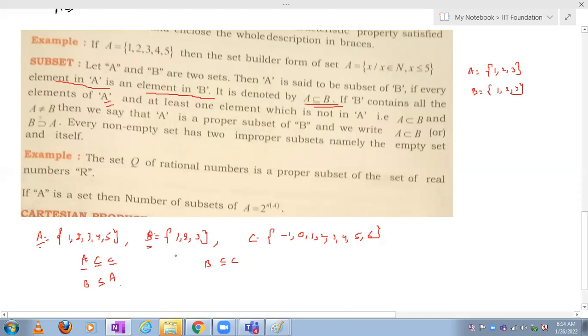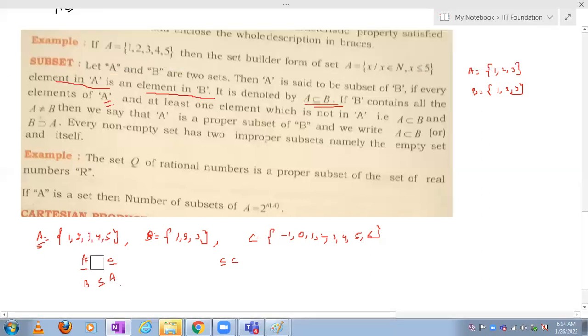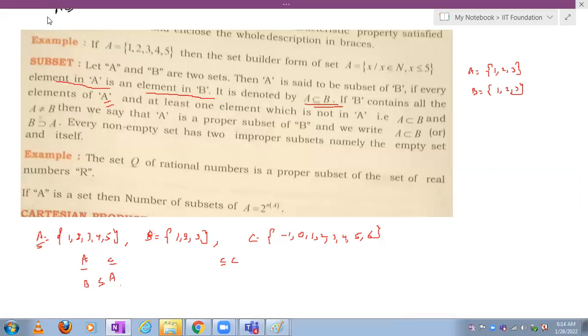All the elements of B is there in A. Or another way, B is subset of C. This is subset.